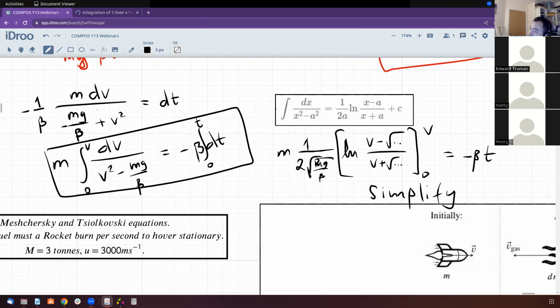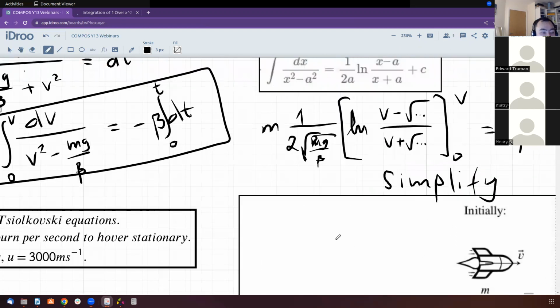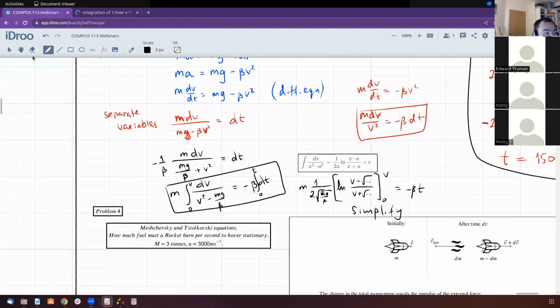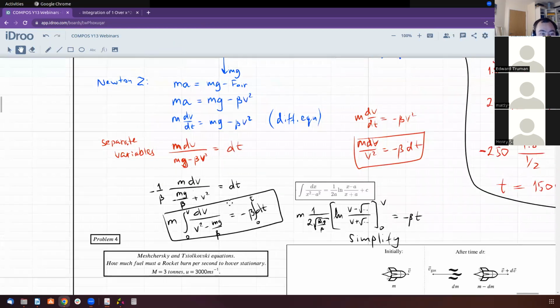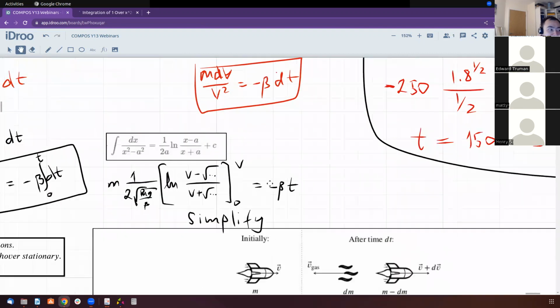Okay. But then there's another question. What is the terminal velocity? Can we work out the terminal velocity without solving this differential equation? Because you will see that this differential equation has a solution, and it's something along the lines of V equals V terminal minus V terminal e to the minus kt.